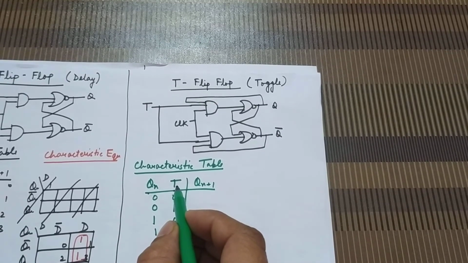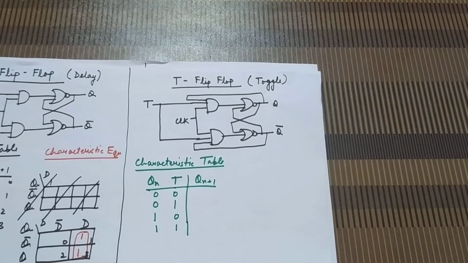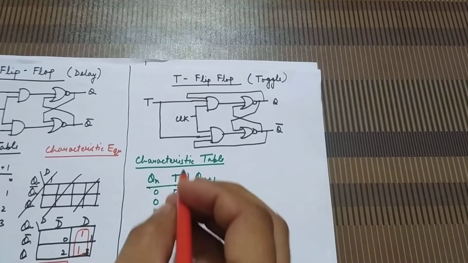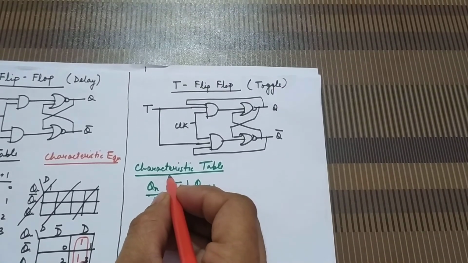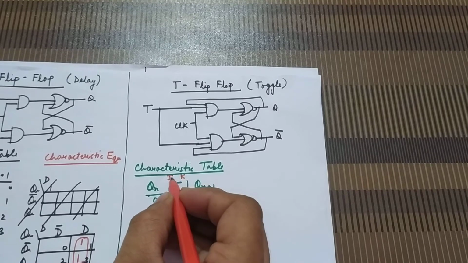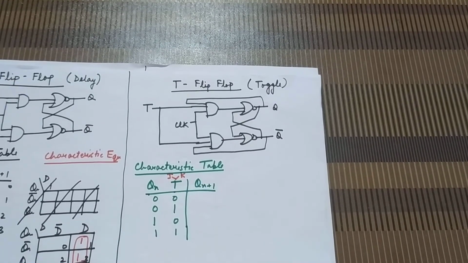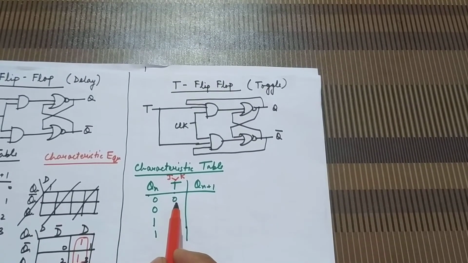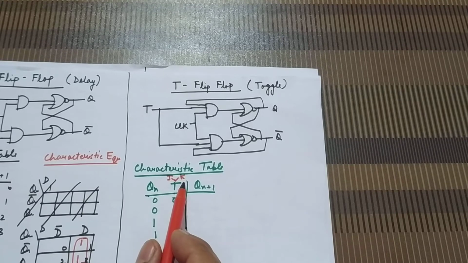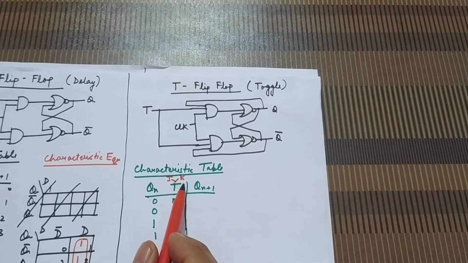Remember that T is a combination of J and K. So if T is equal to 0, it means that J is 0 and K is 0. So we need to remember the characteristic table of the JK flip flop.